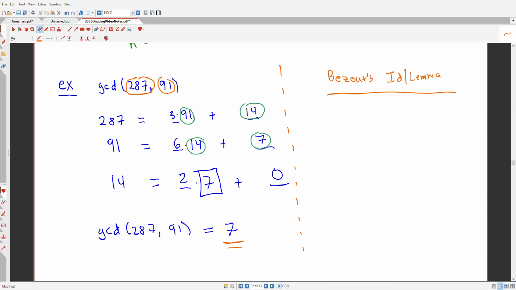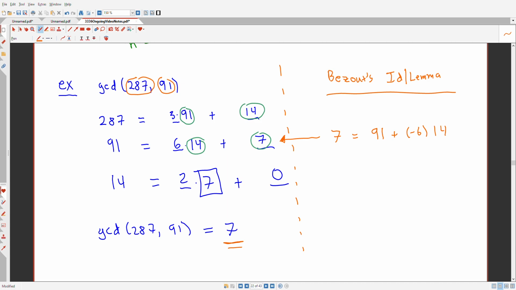So here's how it works, right? How exactly am I going to get this? Right here on this line, I can say, okay, 7 appeared as a remainder, right? The GCD, according to this process, appeared as a remainder. So 7 is now equal to 91, right, plus a negative 6 times 14.